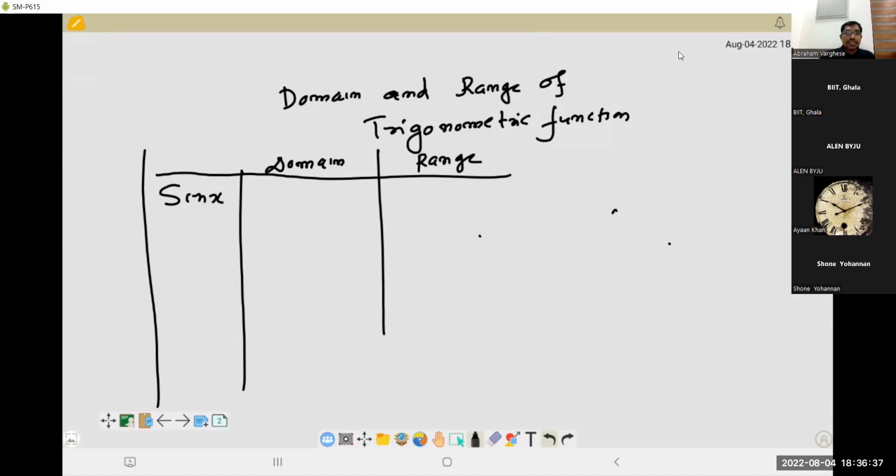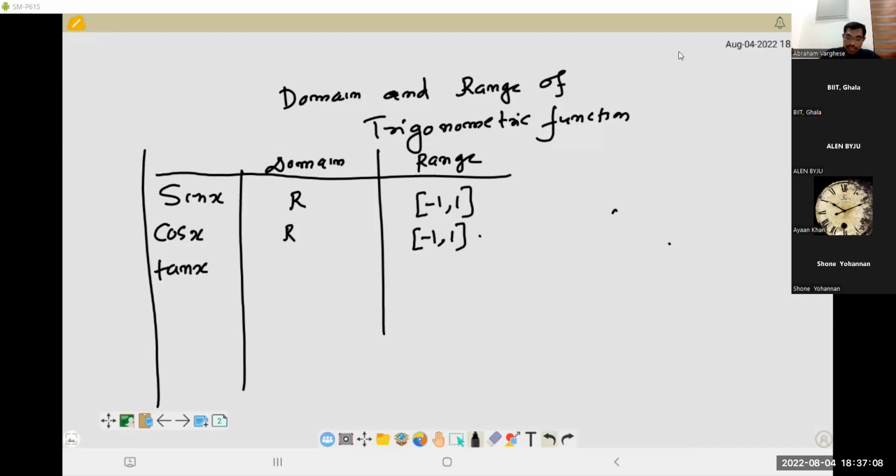So what is the domain and range? What is the domain of sin x? All real numbers. What is the range? Between minus 1 and plus 1. Cos x is also the same. The domain will be real numbers. Range will be minus 1 comma 1. Then tan x.